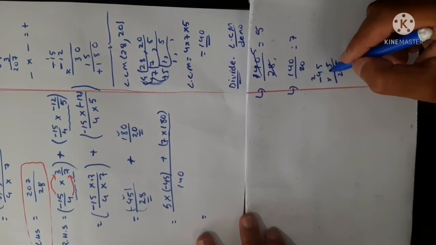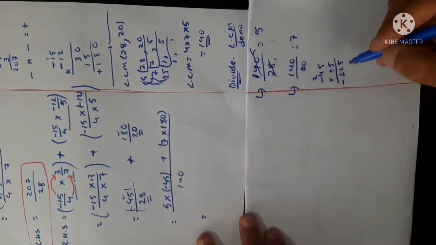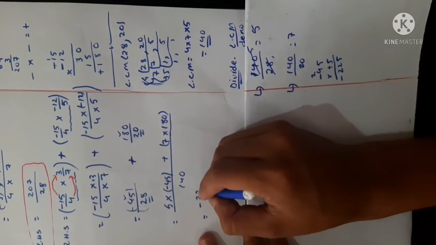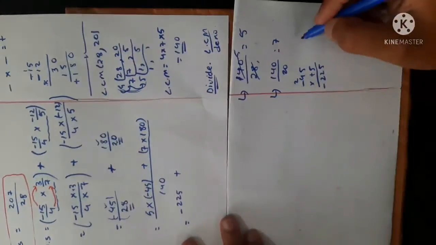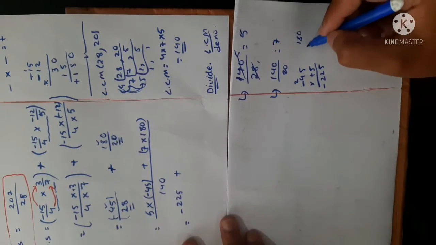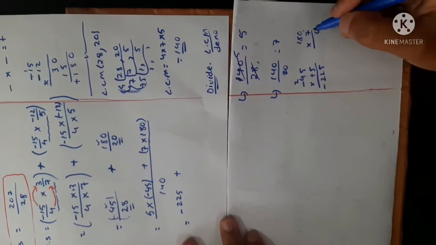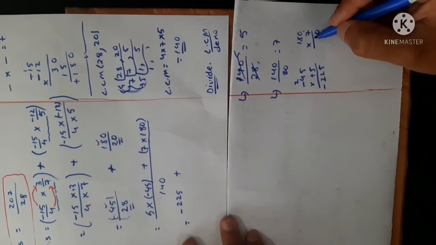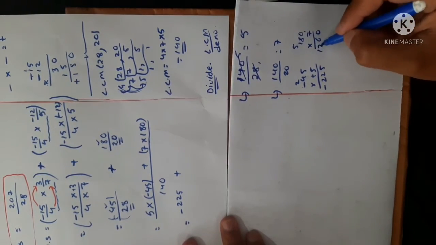This is a minus 45 and this is a plus 5, so minus multiply plus, we have minus. So minus 225 plus 7 multiply 180. 180 multiply 7: 7 0s are 0, 7 8s are 56, 7 1s are 7, 7 plus 5 equals 12.